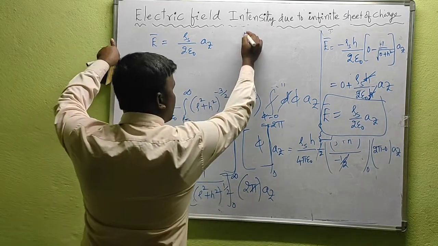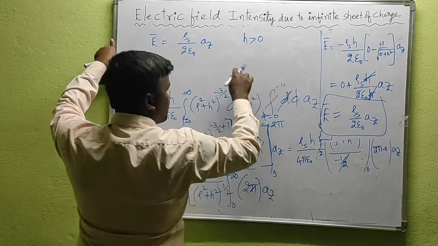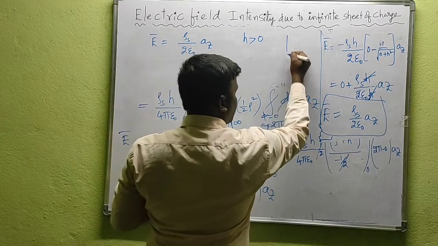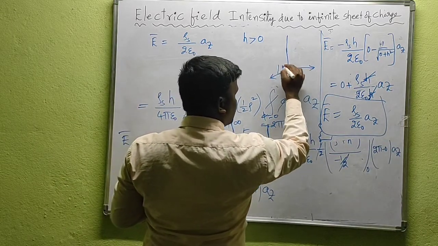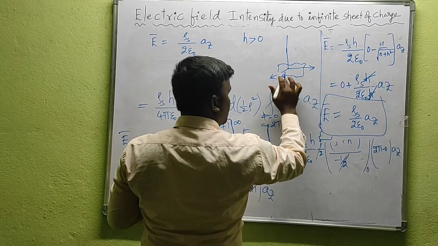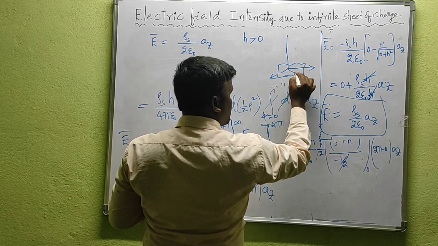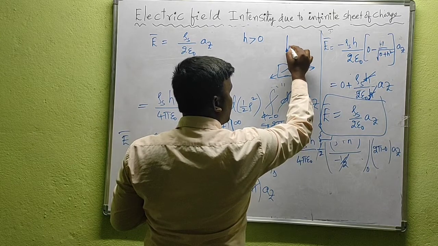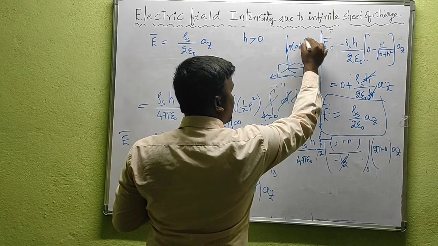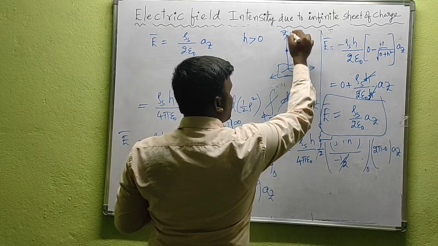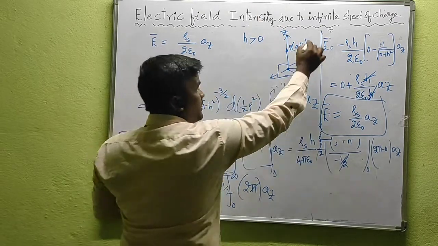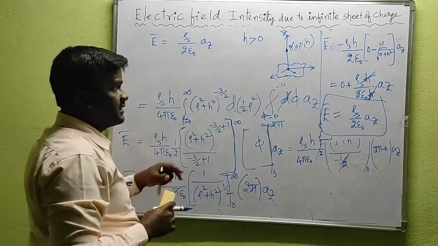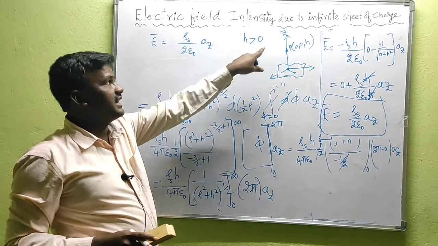This is valid if h is greater than 0, because we considered h like this: the sheet of charge is considered like this, it is our source, and the field point P(0, 0, h) is on the z axis. So h is above the origin, considered a positive value, that means h is greater than 0.